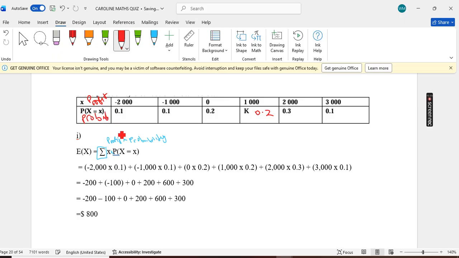So you say negative 2,000 multiplied by 0.1 plus negative 1,000 multiplied by 0.1 plus 0 multiplied by 0.2 plus 1,000 multiplied by 0.2 plus 2,000 multiplied by 0.3 plus 3,000 multiplied by 0.1. This has been done here.